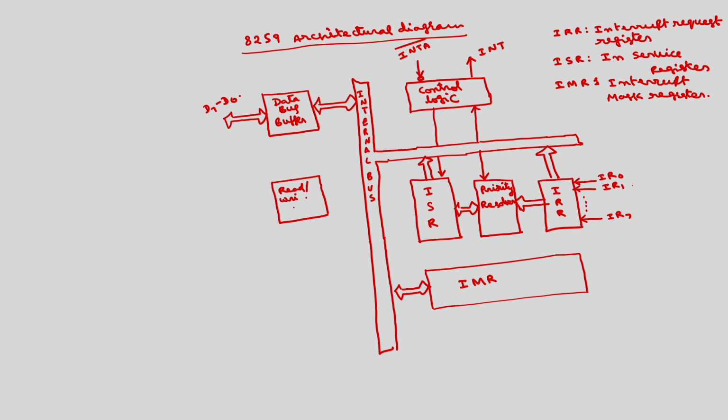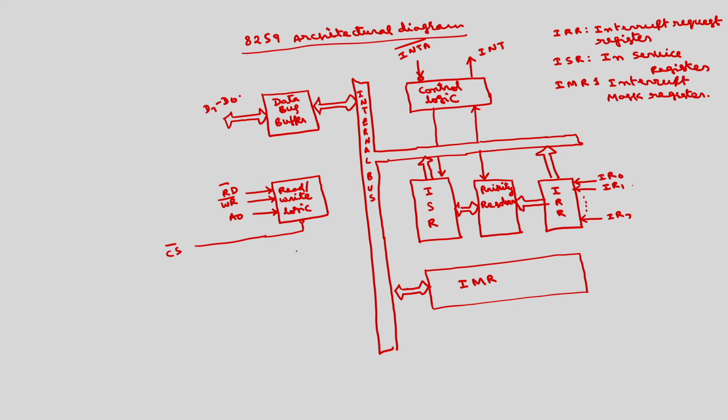Here we will have the chip select signal, the A0 signal, the read bar signal and the write bar signal. These are common with 8254 also. But in 8254 we have A1 and A0, whereas here we have only A0. A0 in connection with the read bar and write bar signals will be used to select the different registers inside the 8259.